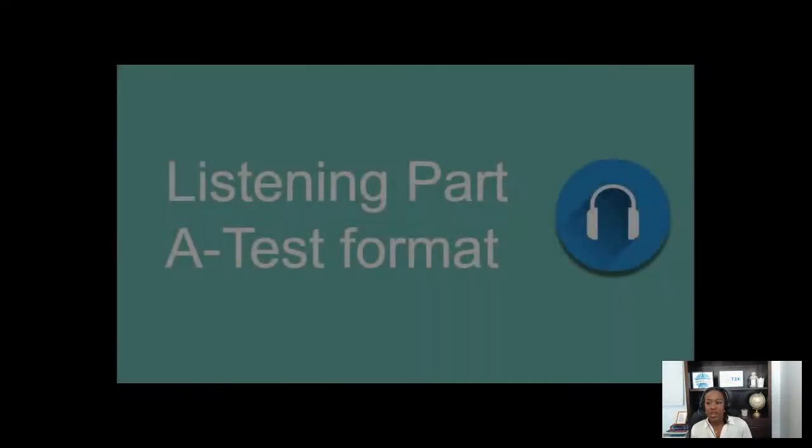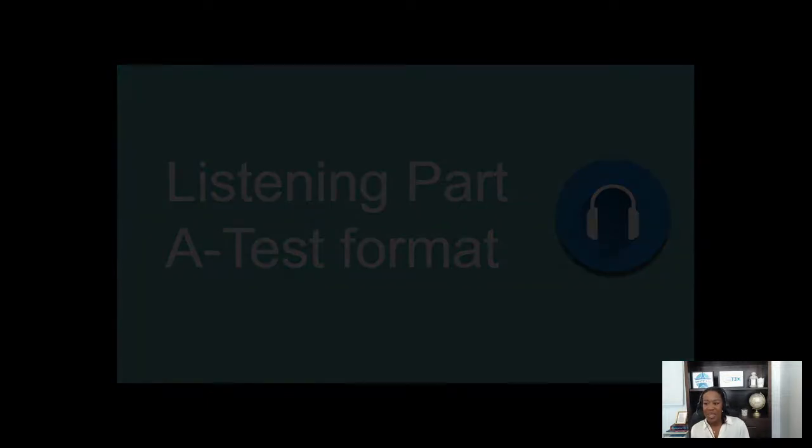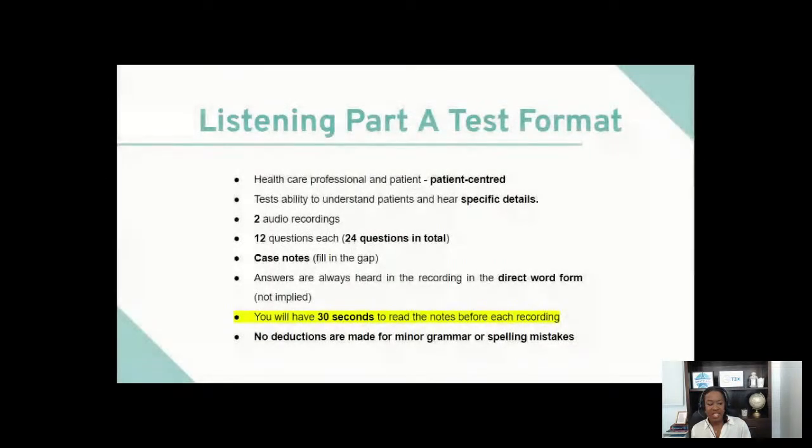Okay, so moving on then. We're going to look first of all at the format of the test. So here's a summary of what to expect if you're new to this subtest. Many of you have already looked into how this subtest works, but for those of you that aren't sure, let's just recap.